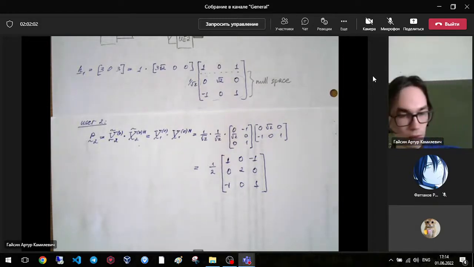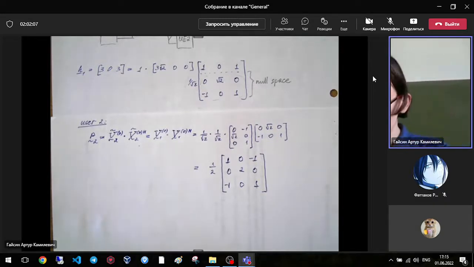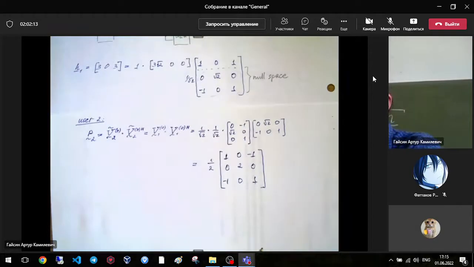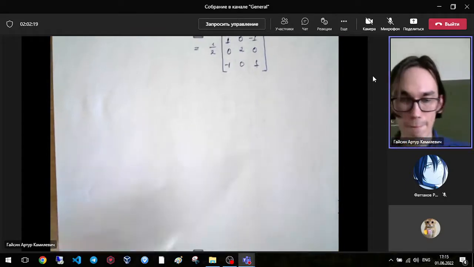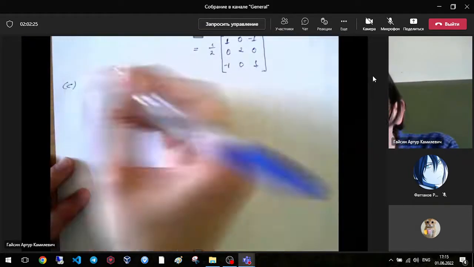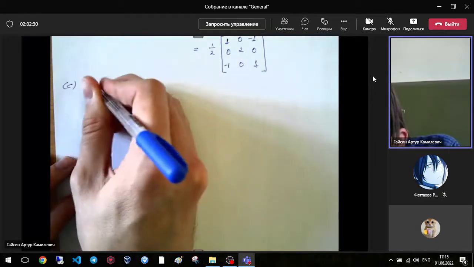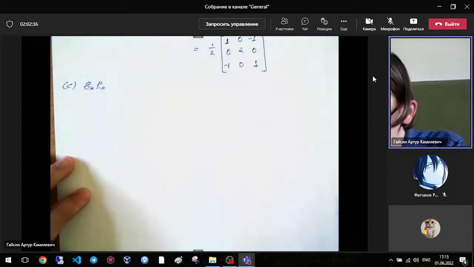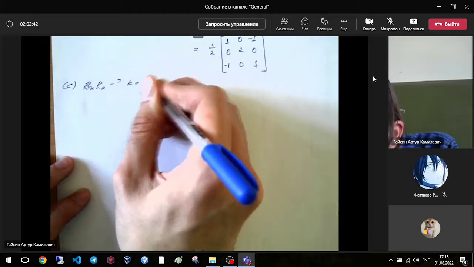So next, projection matrix into the null space of H1 and H2. Yep. So let's assume this, for example, subtask C. Let's assume this multiplication of channel K times its projection matrix, also P with index K. And K goes from 1 to 2.